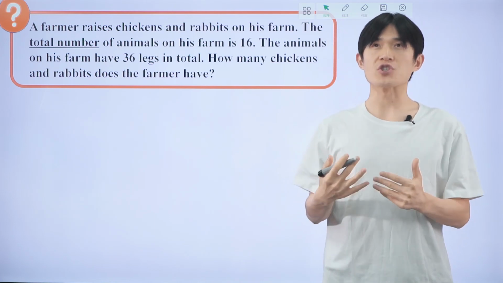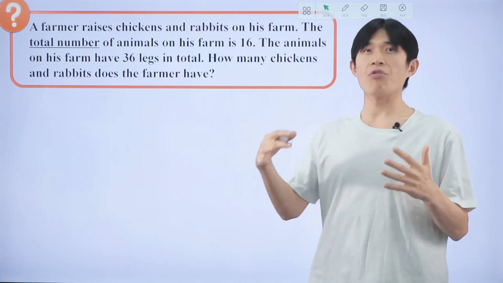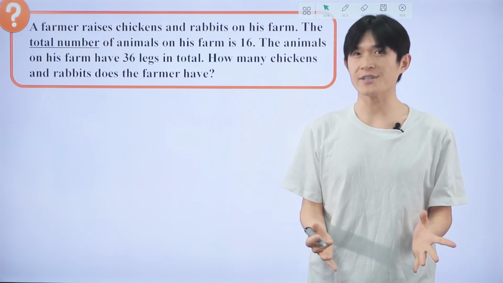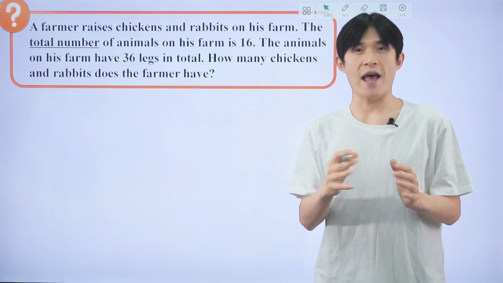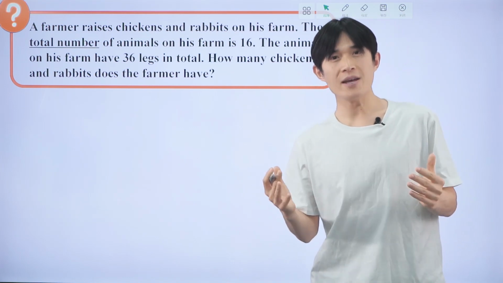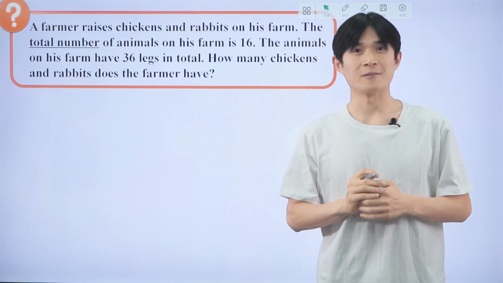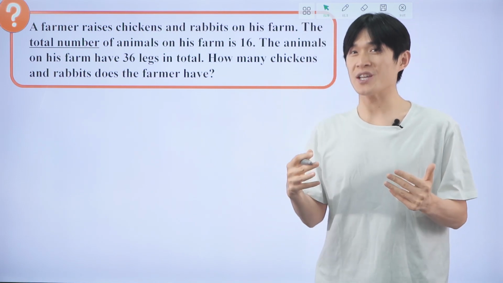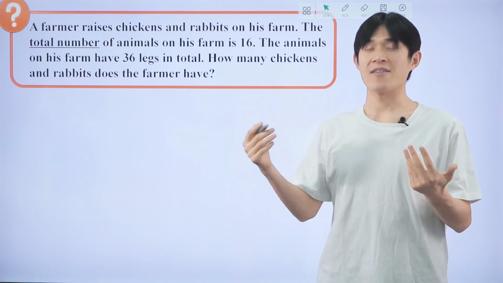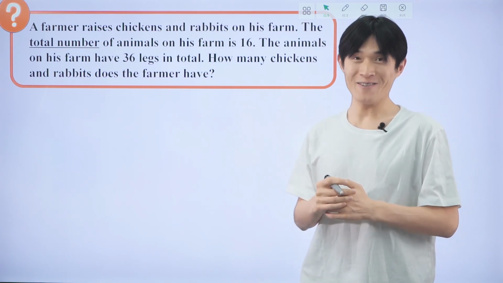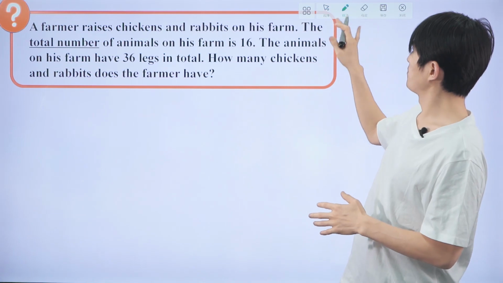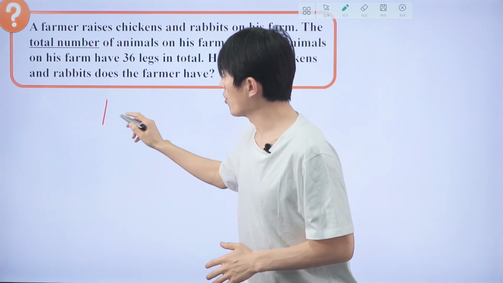So we can first assume that all the animals are chickens. Why? Because each chicken has 2 legs, each rabbit has 4 legs. So each chicken has fewer legs than each rabbit. Okay? So let's say 16 animals are all chickens.